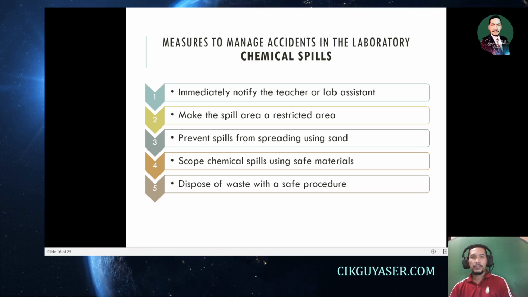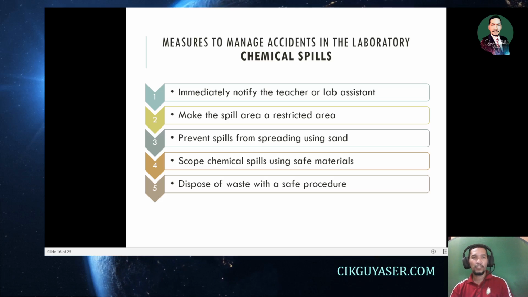Okay, measures to manage accidents in the lab for chemical spill. This is a flow you must follow if something happens in the lab. Step 1, you must notify the teacher or lab assistant immediately. Then we make the spill area a restricted area.